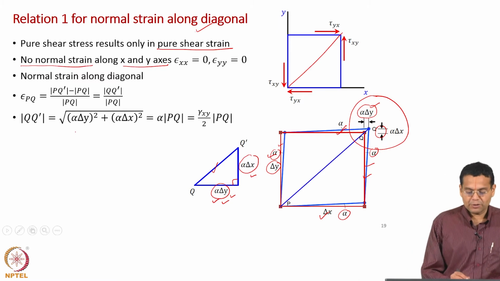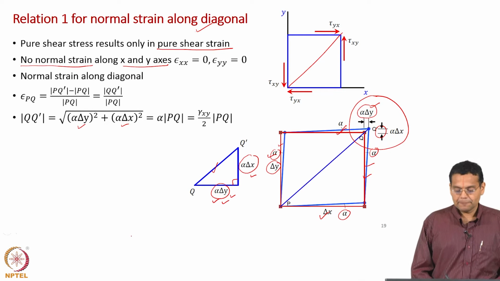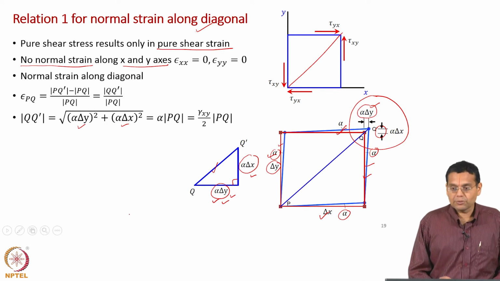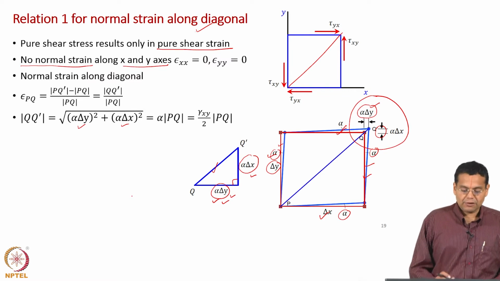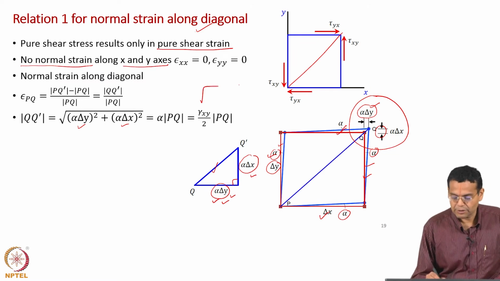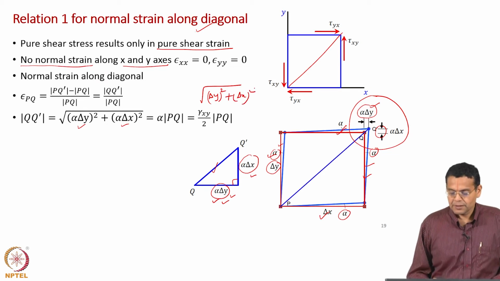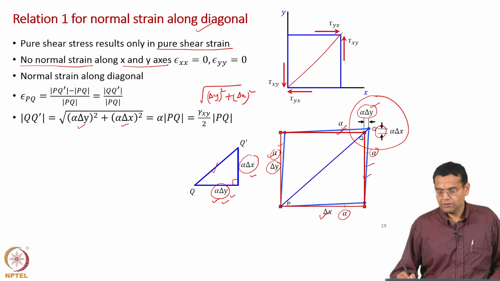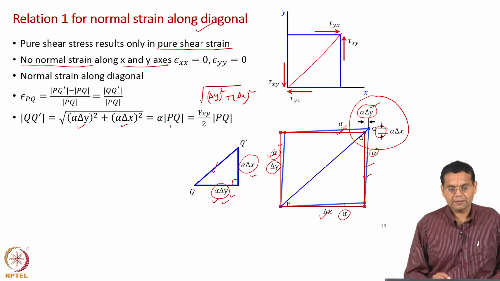So, square root of alpha delta y whole squared plus alpha delta x whole squared, and take out alpha squared, and then of course out of the square root you get alpha, and what remains is the square root of delta y squared plus delta x squared, which is nothing but the length of diagonal PQ, and alpha is gamma xy by 2, which you have seen in the recall slide.